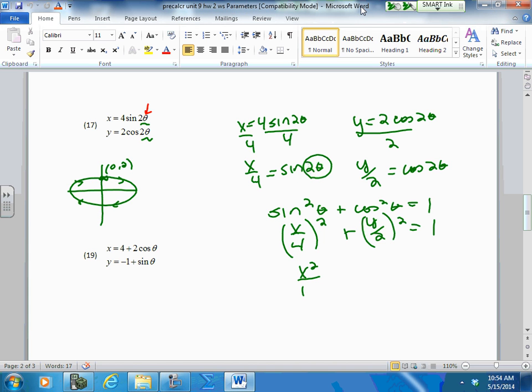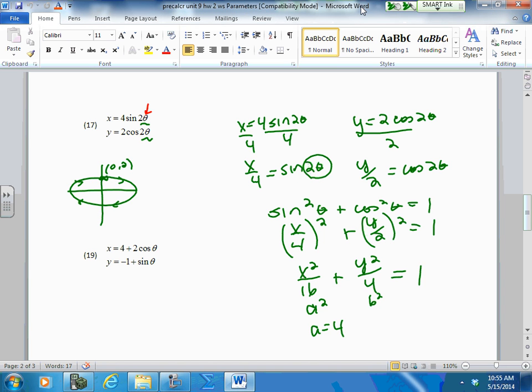X squared over 16 plus y squared over 4. And this is our rectangular equation for this ellipse, right? What's the major axis of this ellipse? Who's bigger? X, this is the major axis. So what is A equal to? 4.